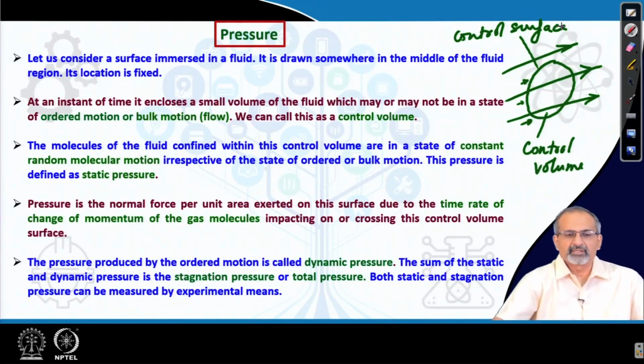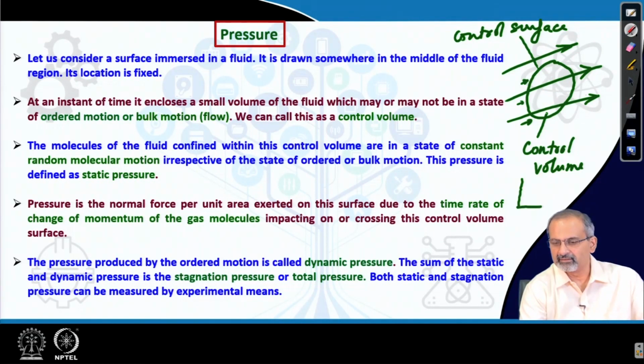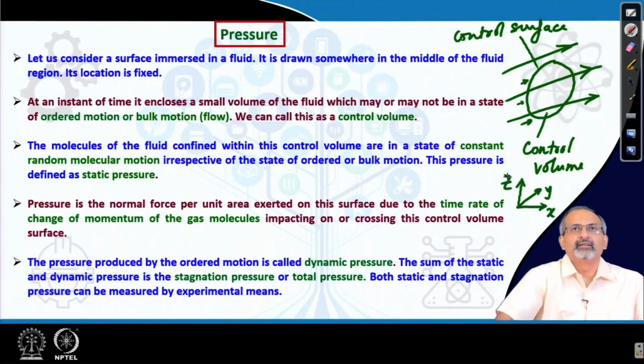So, we have considered this surface as immersed in a region of fluid, and it could be anywhere in the middle of the fluid region. Importantly, its location is fixed. That means, if we imagine that there is a frame of reference which is inertial, then this control volume is fixed with that inertial reference frame.